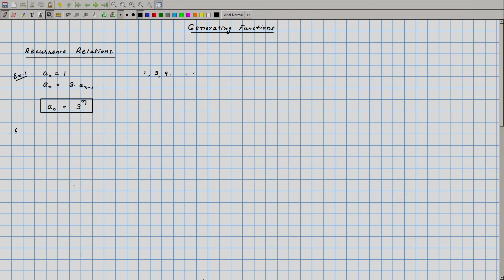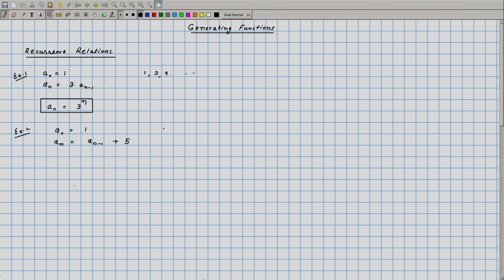We could take another recurrence relation where, say, a 0 is equal to 1 and a n is equal to, let us say, a n minus 1 plus 5. Now, what is the nth term? This is an arithmetic progression, so this is also easy to determine.